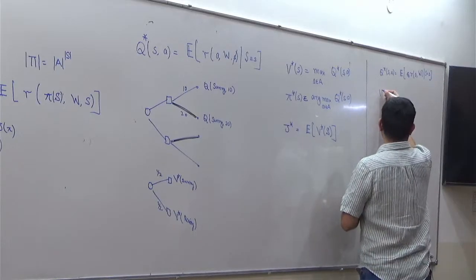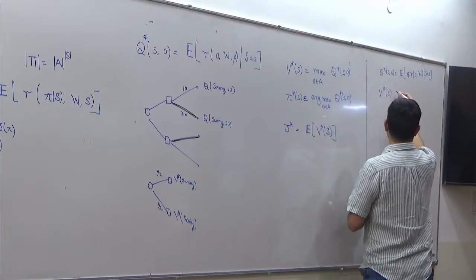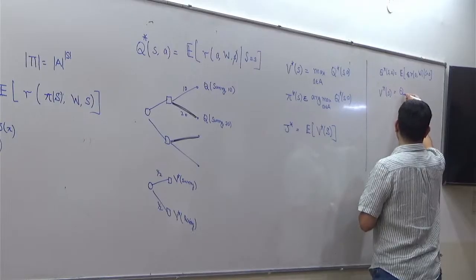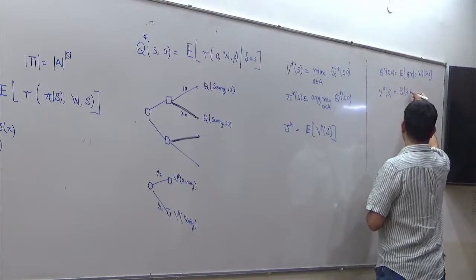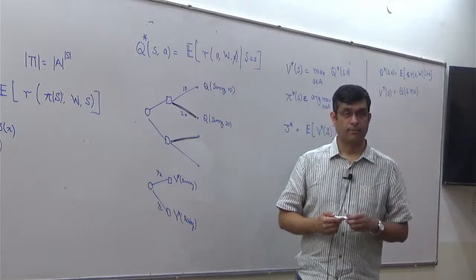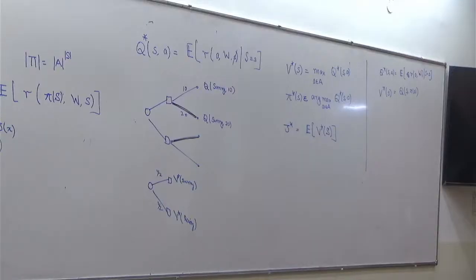I'm going to compute now V pi of S, the performance of policy pi on that subtree, and this is going to be equal to Q of S and pi of S. Okay? Because I did not necessarily pick the optimal action, I chose the action specified by this policy.